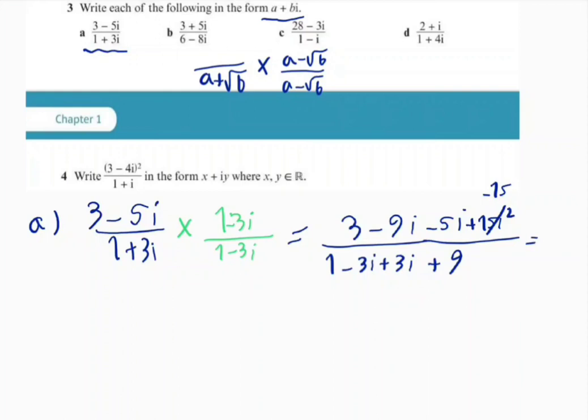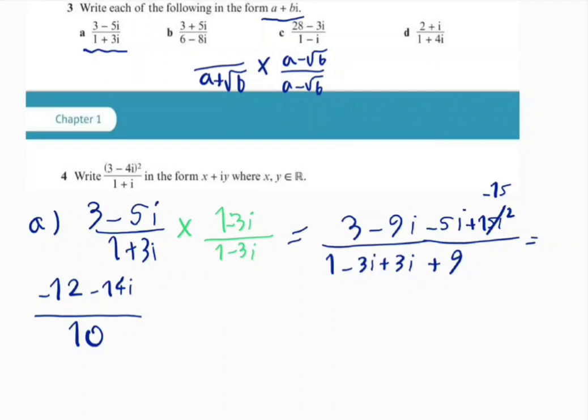Now we can simplify this. 3 minus 15 is minus 12. Minus 9 minus 5 is minus 14i. And 1 plus 9 is 10. Then minus 3i plus 3i is 0.